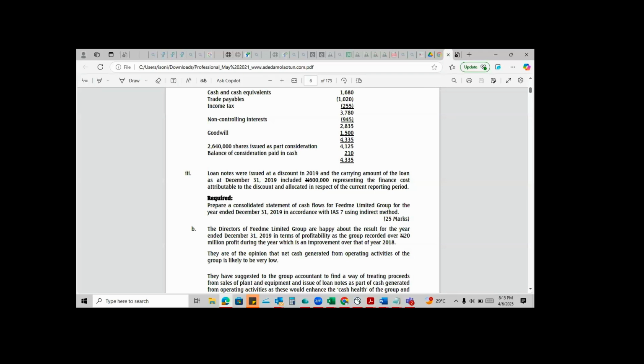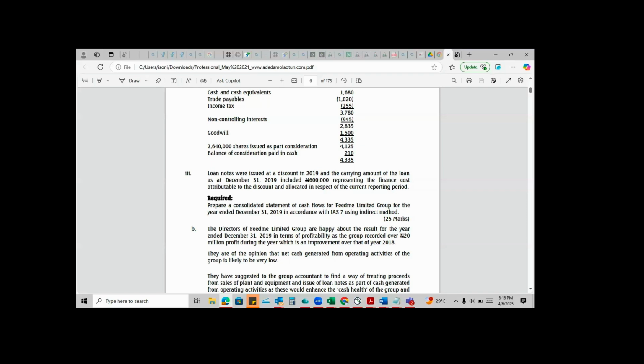You will not be doing just that of the group. You will also be doing that of the company which they have just acquired. Most of the time that company has just been acquired. That's why they are giving you that breakdown. So when you are running the movement, you will need those asset numbers and those liability numbers. So it's important that they break it down for you like this.